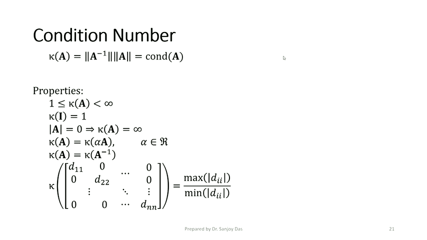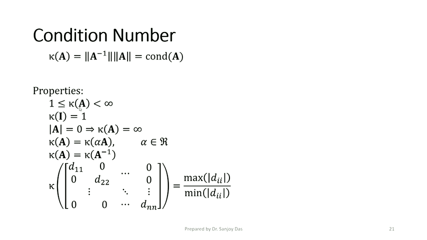So, next we move on to condition numbers. The condition number of A, I'll use 2 different notations, this kappa A or cond of A, condition number, is given by the L2 norm of A inverse times the L2 norm of A. Okay?